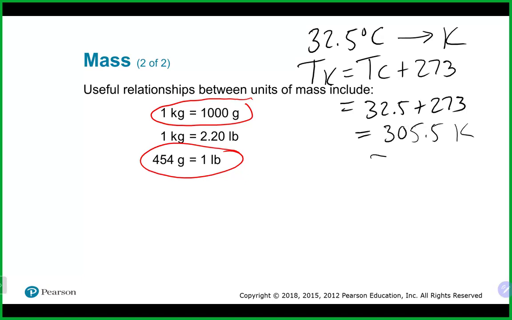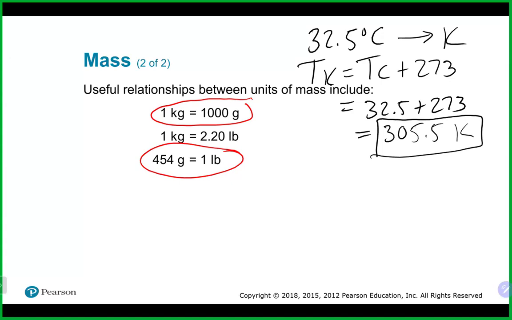Now, how far should you take your answer? There is a special rule that we follow specifically for temperature to temperature conversions. If you are simply converting this temperature value from, say, Celsius to Kelvin, Kelvin to Celsius, Celsius to Fahrenheit, whatever it may be, all you're doing is converting the units from one temperature unit to the next.